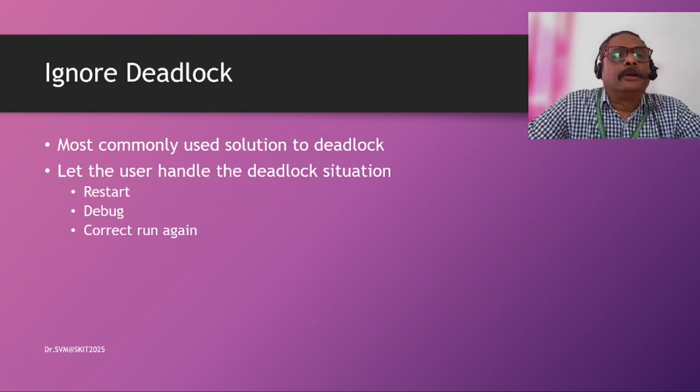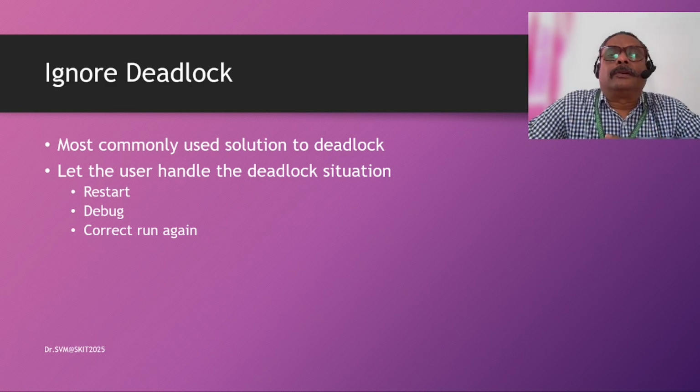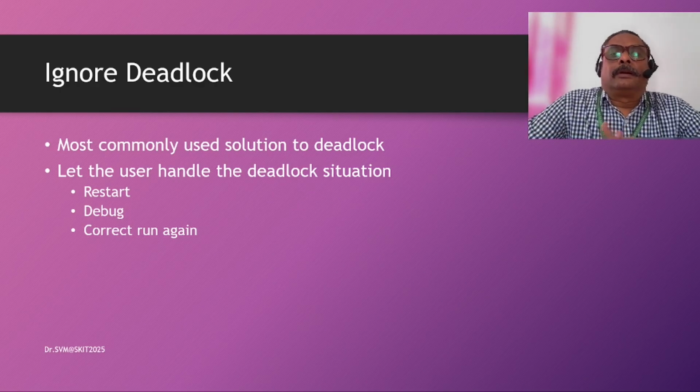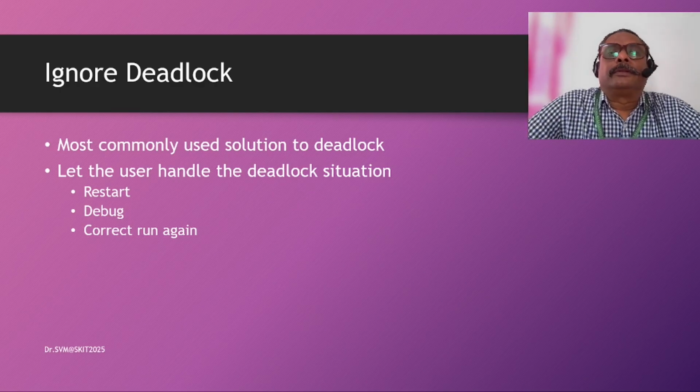So that's all about deadlocks and their 4 solutions. 1, deadlock prevention: make sure that at least one of the 4 conditions is not met. 2, deadlock avoidance: while permitting resources to processes, verify whether allocating this resource to this particular process will lead to a deadlock.